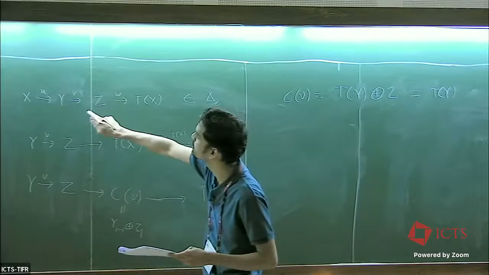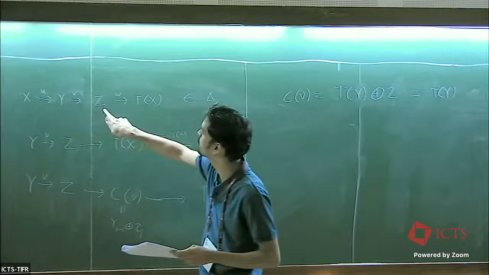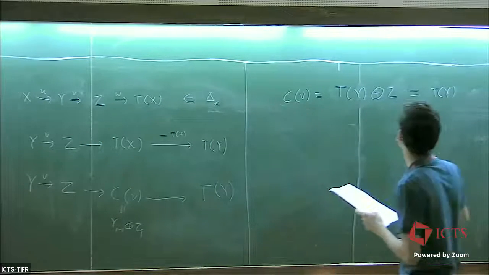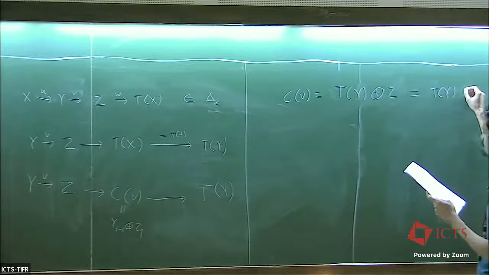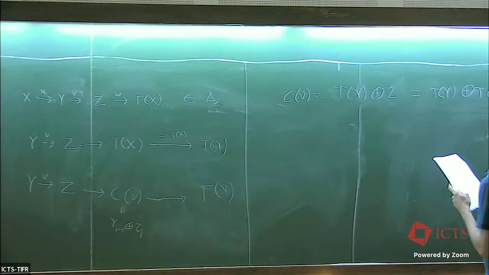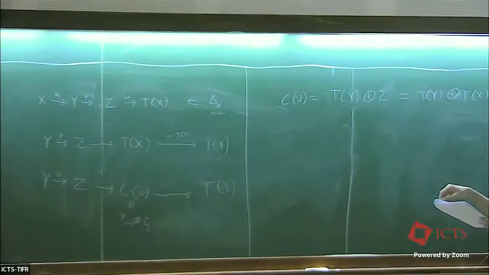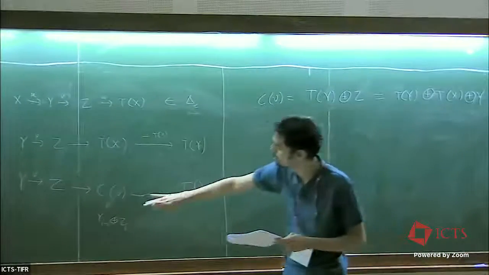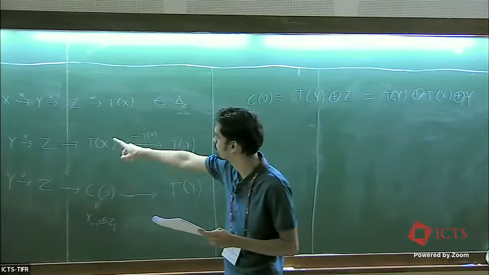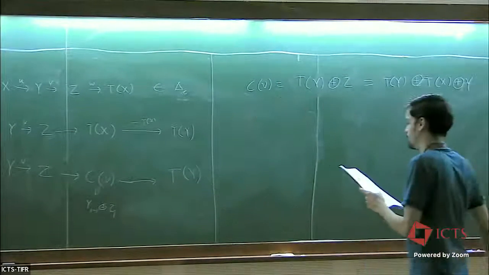That means this Z is cone of this map. That means Z is T of x direct sum with y. So this is same as, this is my CV, and I need to give you a map from Tx to CV.